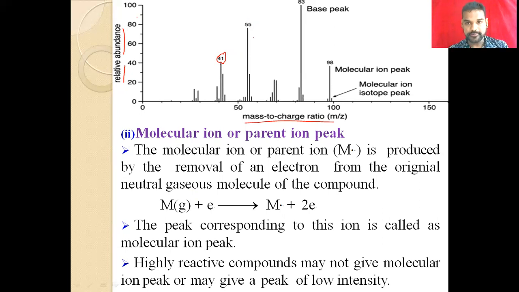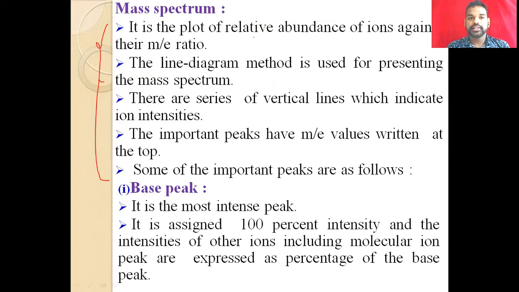There are a series of vertical lines which indicate the ion intensity. As I said, the vertical line shows the intensity, how dense the ions are that are present, so that we can identify them. The important peaks have the m/e value written at the top.